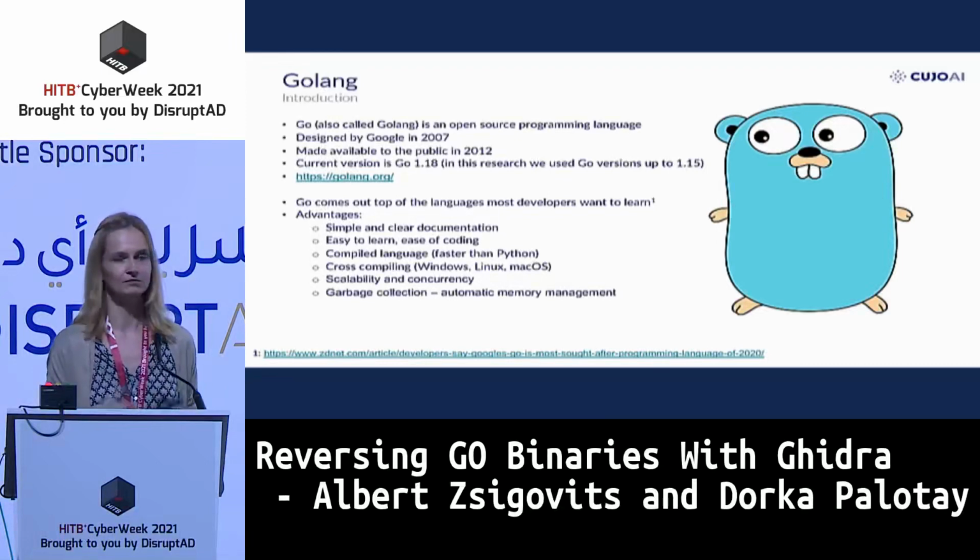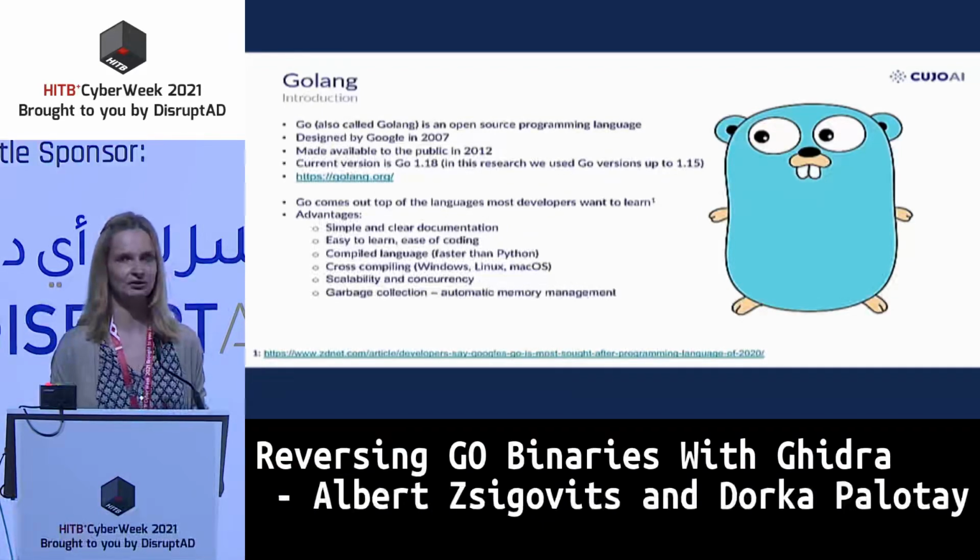There are many different studies and questionnaires which show that Golang is getting more and more popular, not just among malware developers, but among developers in general. It's a very easy language to learn, very simple, with clear documentation.